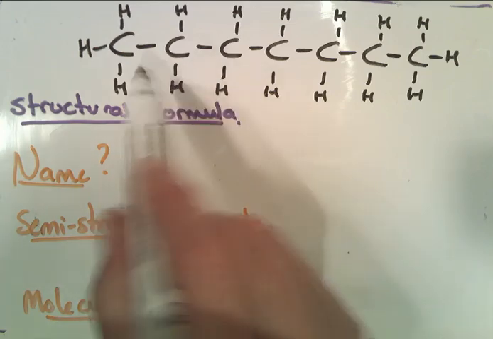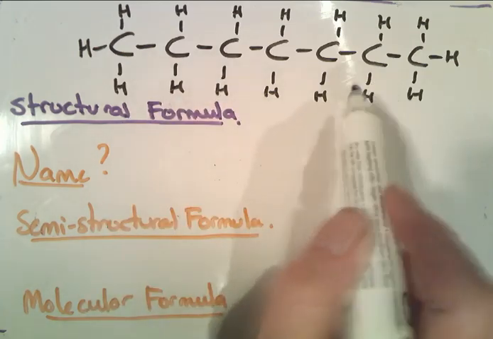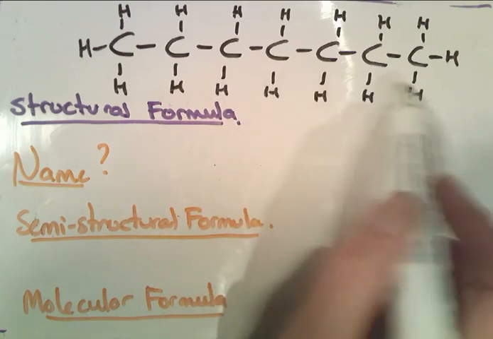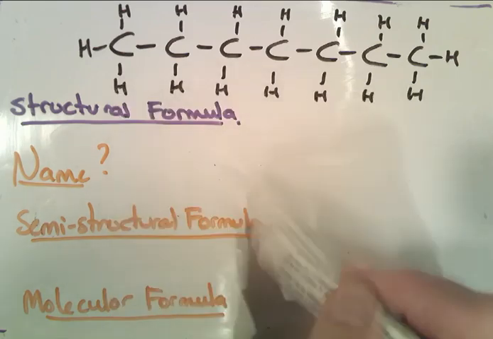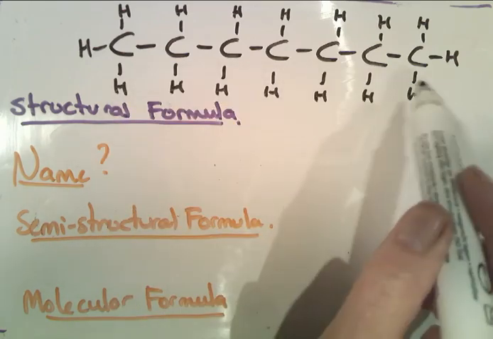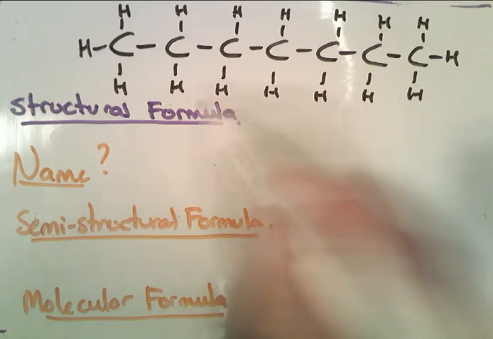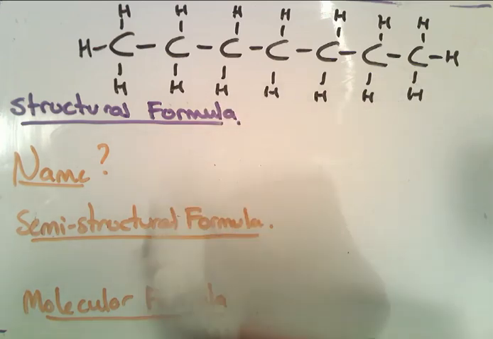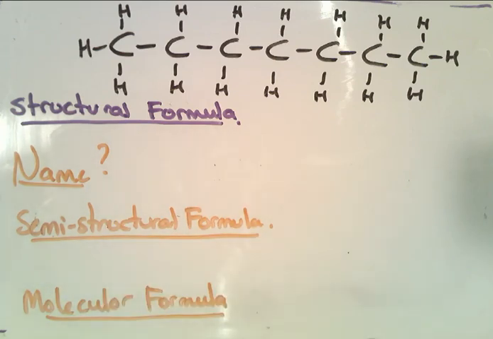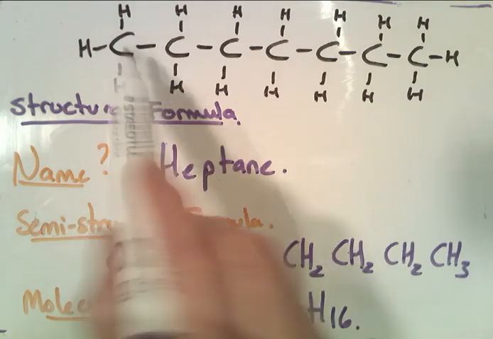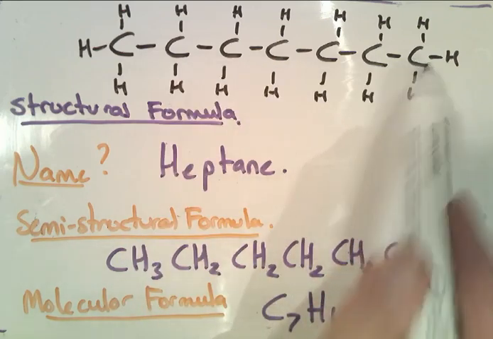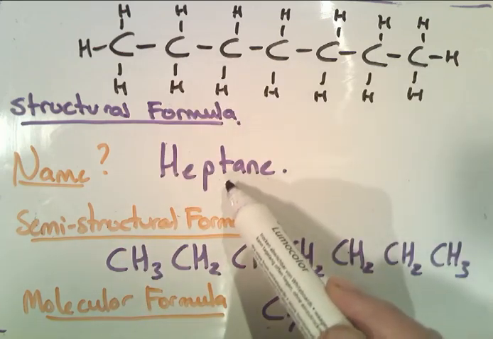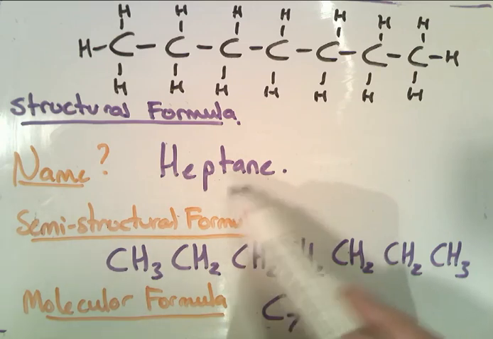For some revision from the last video, what is the name of this? This is a structural formula of a hydrocarbon, an alkane. What's its name? Can you write its semi-structural formula, and its molecular formula? You count that it has 7 carbons, and the name for a hydrocarbon with 7 carbons is heptane.